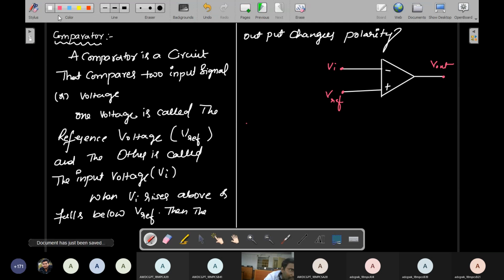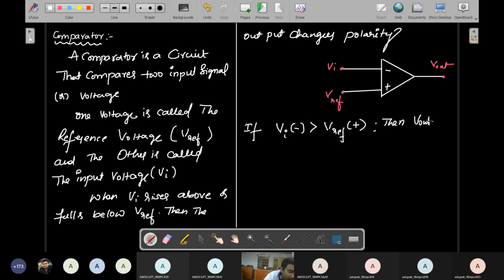If the input voltage Vi given to the inverting terminal is greater than the reference voltage connected to the positive terminal, then the output voltage Vout is in the negative saturation region.